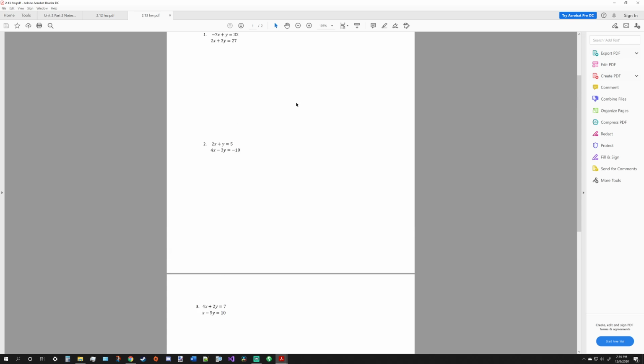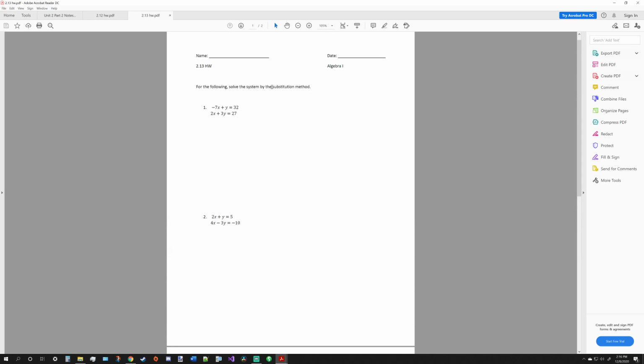Yes, 2.13 is the stuff that we just did just now. So you're going to practice right now on the substitution method. So you're going to work through 2.13 homework. And if you do finish 2.13 homework, then you can have some time to go back and do any other homeworks like 2.12 or 2.11 or 2.10, any of those that you haven't submitted to Schoology yet. So work through 2.13. Make sure you submit it to Schoology before you leave.